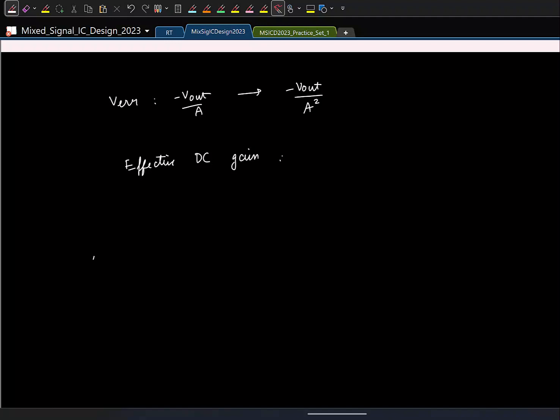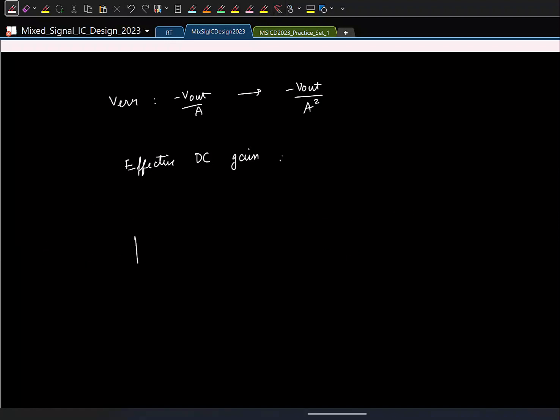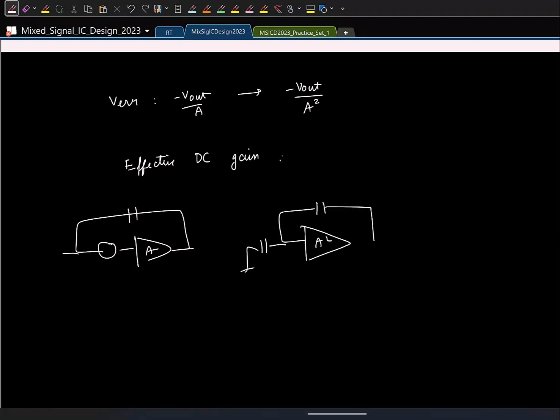Exactly. So let's say we take an op amp with the gain of A and do all this, and take an op amp with the gain of A square and directly connect it like this. We'll both get the same output. Here we don't do anything and do it like this. Both the outputs will be the same in steady state. That's the idea.